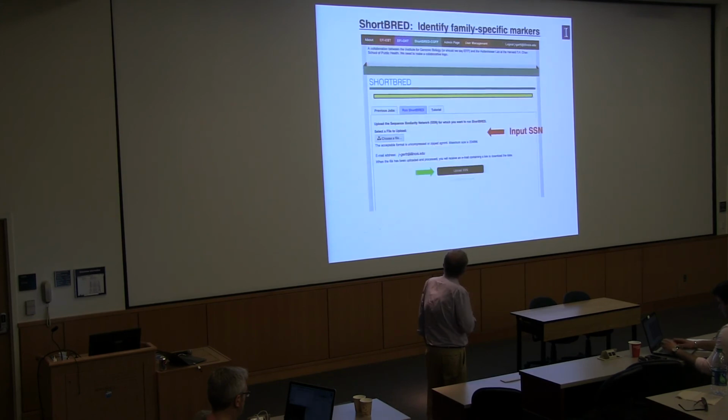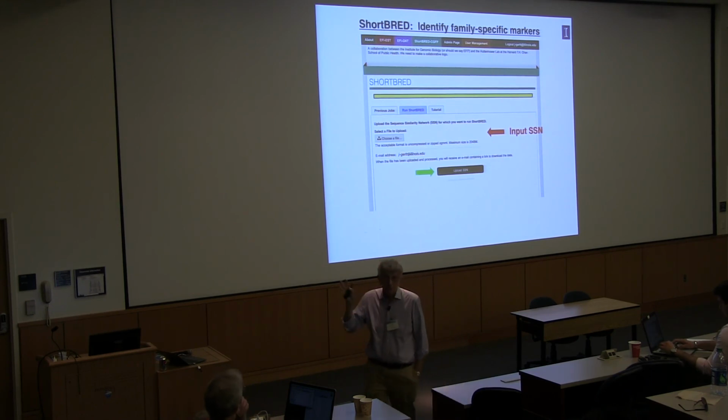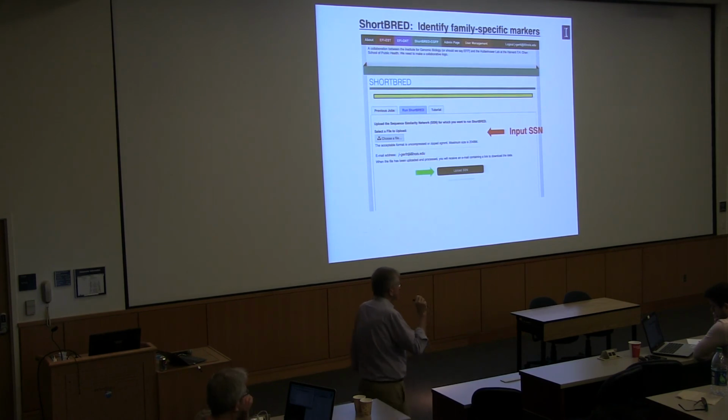This software, this procedure, is shortbread that Curtis Huttenauer described. It determines unique sequence motifs in the clusters in the sequence similarity network, and then it uses those unique sequence motifs to probe the metagenomes, okay?